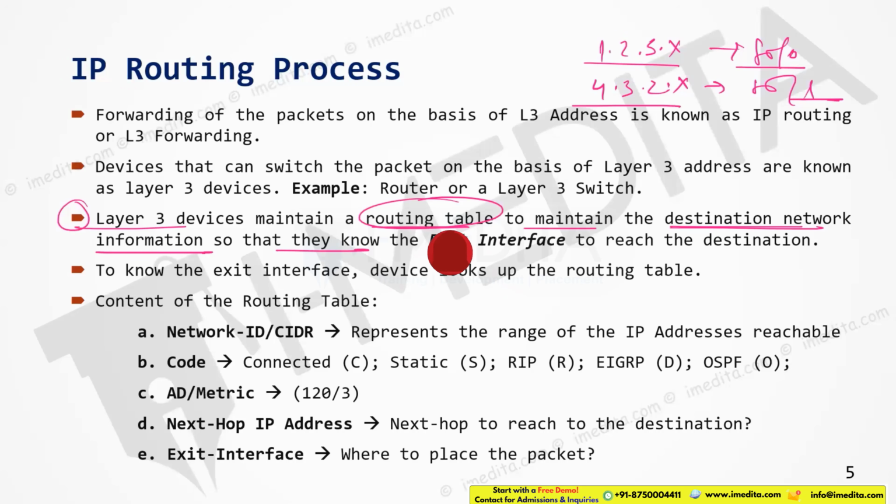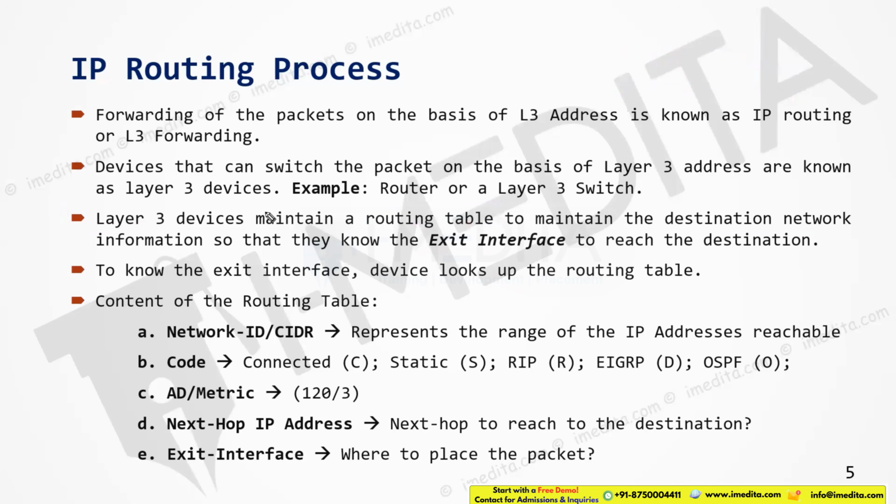This routing table consists of destinations and their respective exit interfaces to reach those destinations. That information is maintained in the routing table, which is consulted and checked by these routing-capable devices when they have to decide out of which interface to forward the packet.